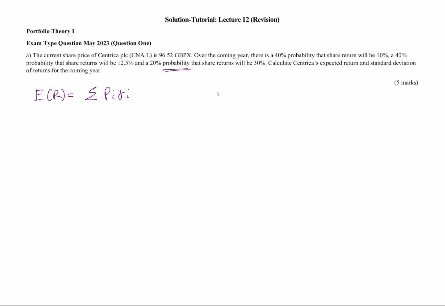When we're talking about the standard deviation, we'll first look into the variance. So sigma square equals the variance, and we know the formula for it is the summation of Pi times Ri minus the expected return, the one that we calculated here, and then we square it.